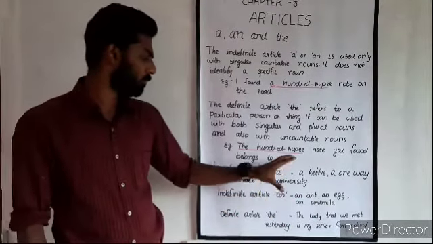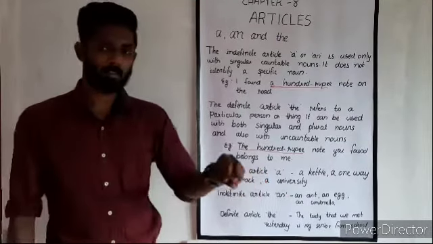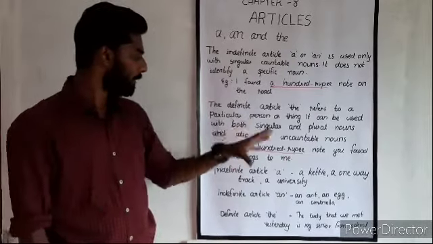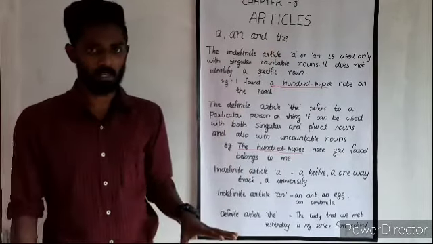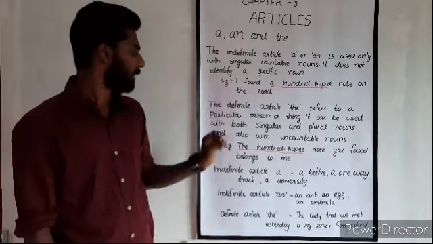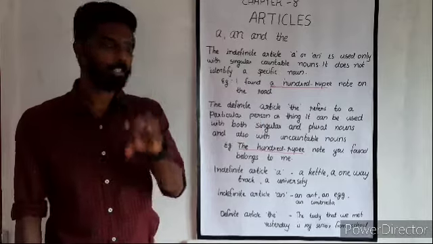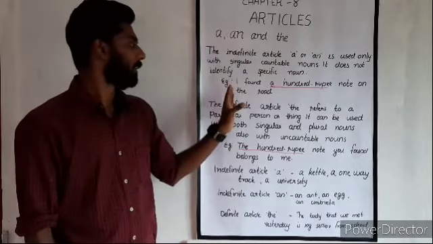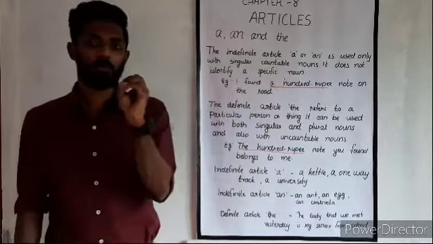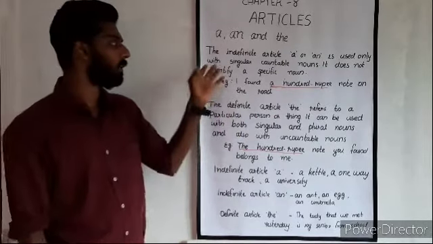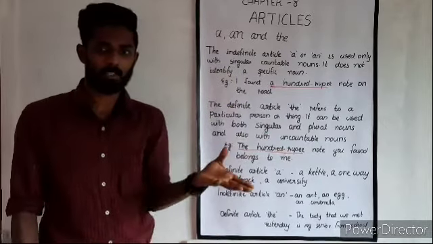So we will come to the examples and the use of it after some time. But for the time being, we will speak about the difference between the definite and indefinite articles. In the definite article, it refers to a particular thing. But here we won't use a particular thing or particular person as such.